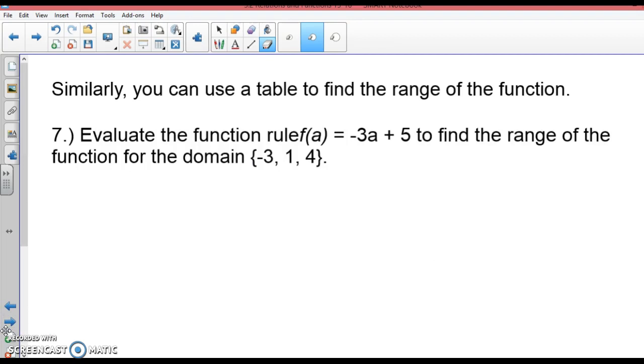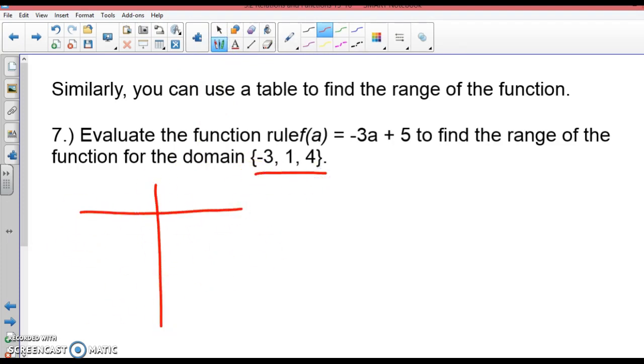Now, similarly, you can use a table to find the range of the function. Evaluate this function rule. F of a is negative 3a plus 5 to find the range of the function for this domain. Let's set up our table. What goes here?